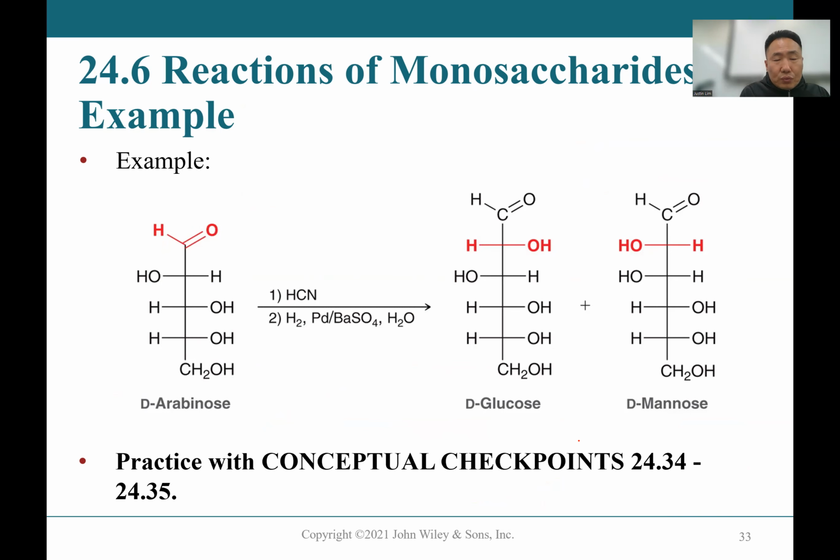For example, with D-arabinose, you can use two steps.